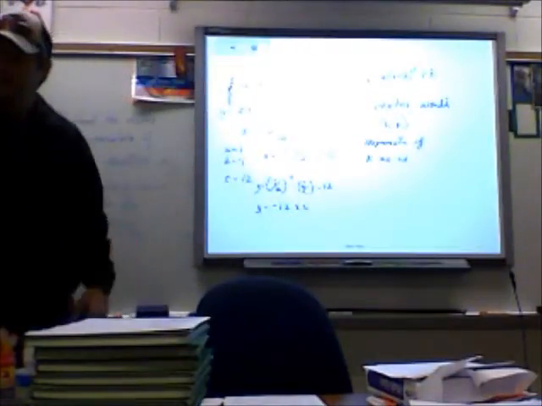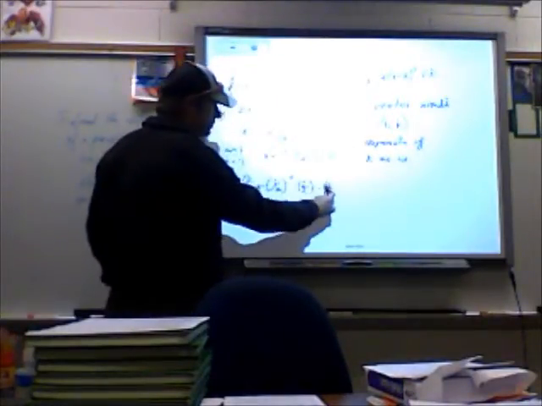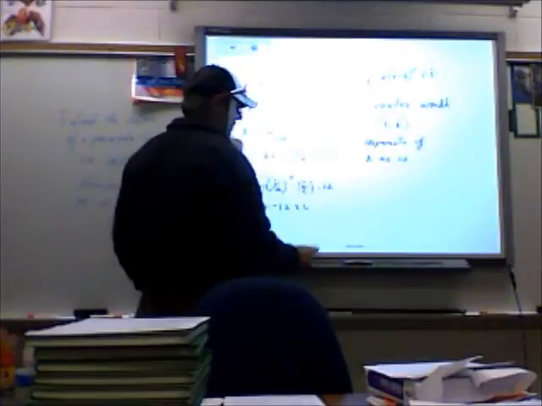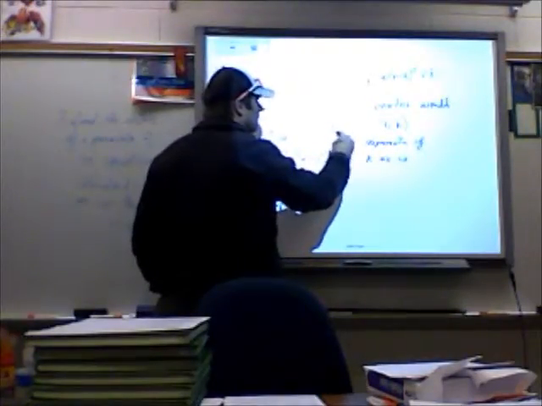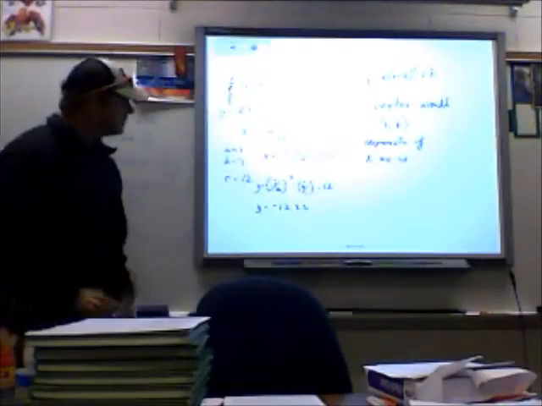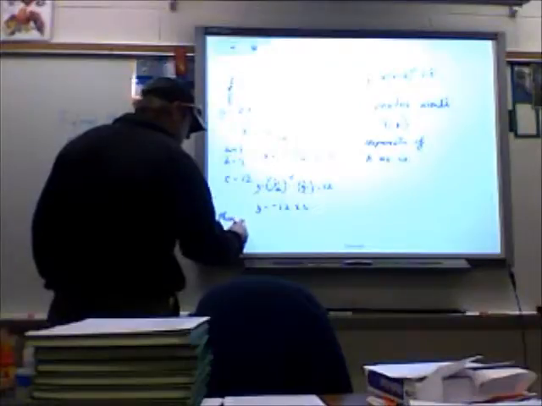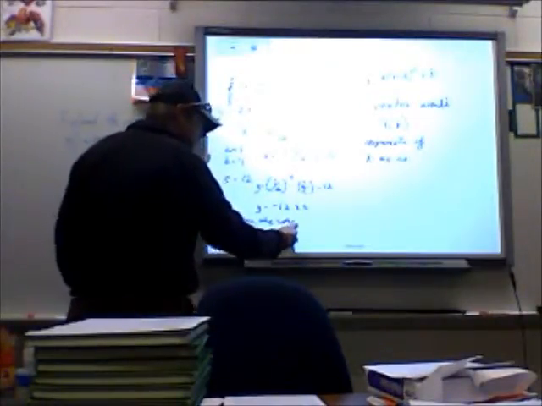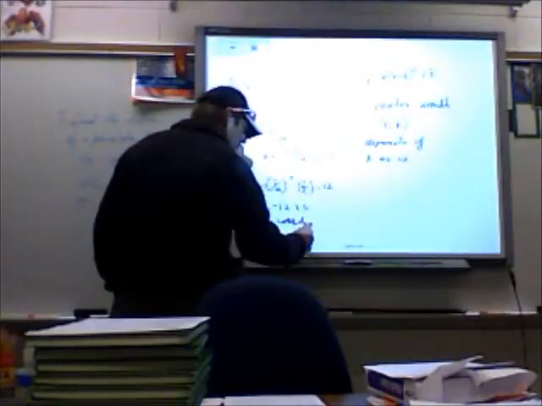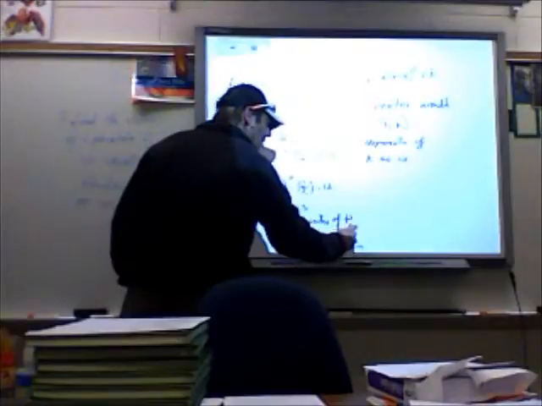So based on that information, I know that this vertex would be at 1/2 and then down 12.25. These are the coordinates of the vertex.